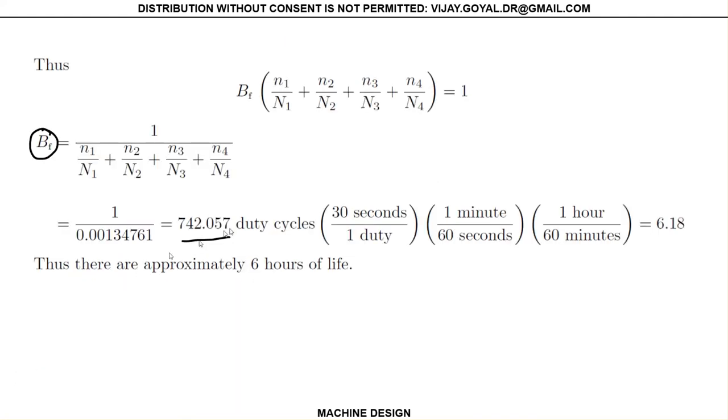Okay, this is a typical 30-second operation. In one duty cycle, this gives you duty cycles, by the way. One duty cycle has 30 seconds, 60 seconds in a minute, 60 minutes in 1 hour, so you have about 6.5 hours left of life. This is very low, so you really should redesign your part.